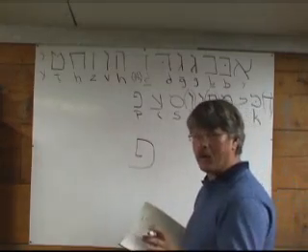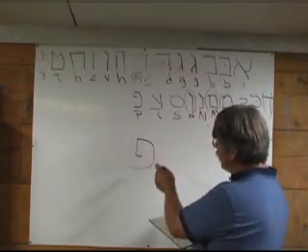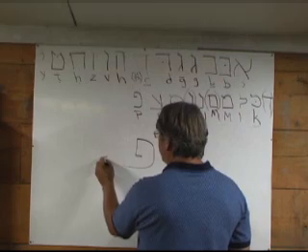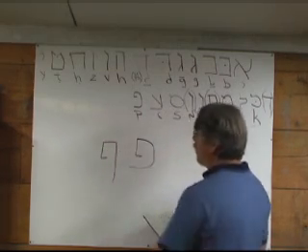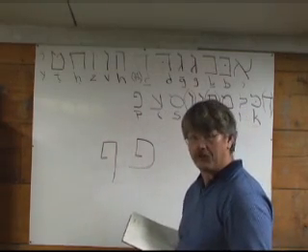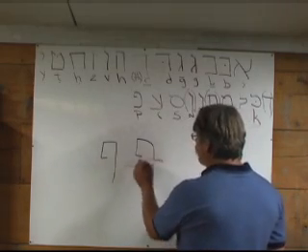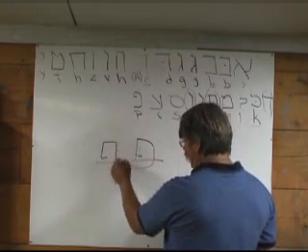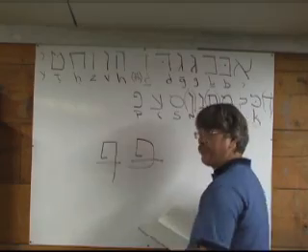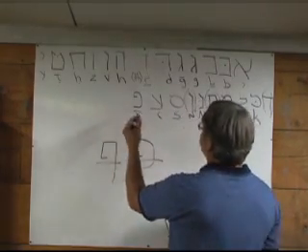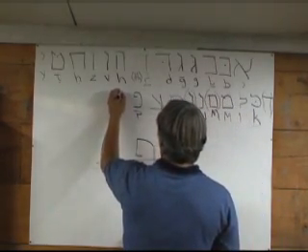That's the medial form of Pei here. The final form is the same thing as the top, except you drop it straight down. You see that? You just drop it down. The tail uncurls, basically, for Pei. And that's the final Pei.